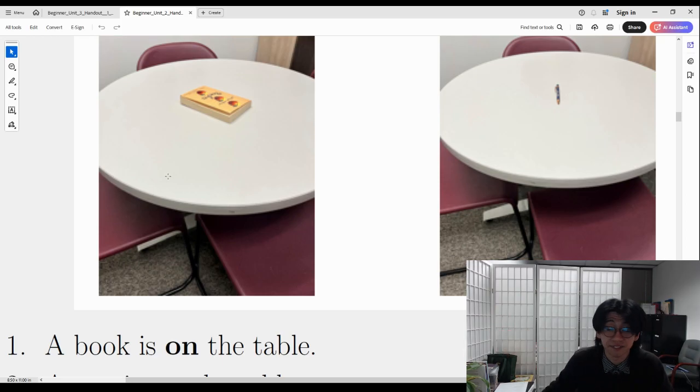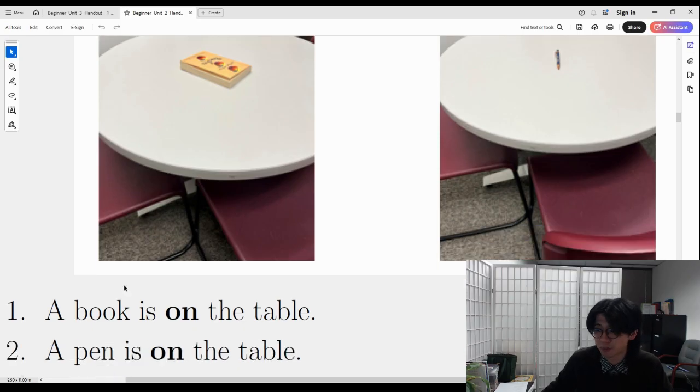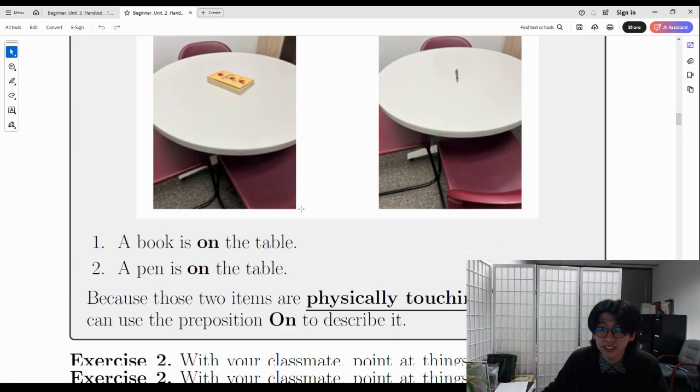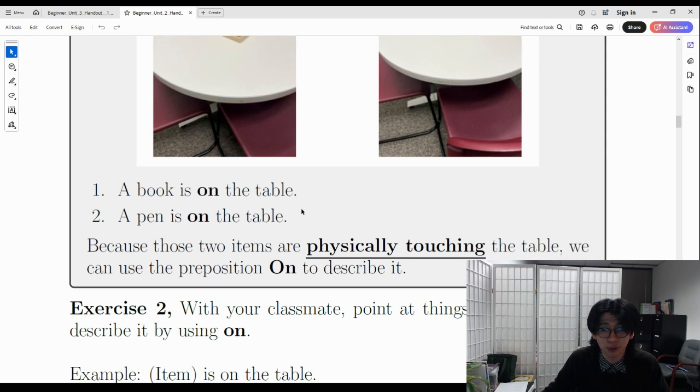The pen is physically touching the table. That's why number two would be: a pen is on the table. Because those two items are physically touching the table, we can use the preposition on to describe it.